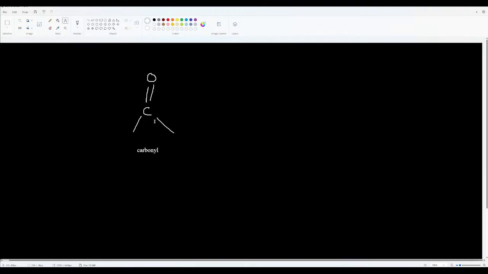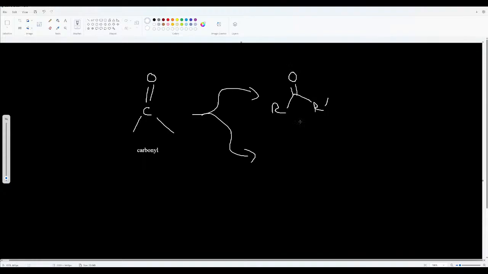Carbonyl is more correct if you're really pedantic like I am. So carbonyl can be structured into 2 subcategories, and that is a ketone or an aldehyde.